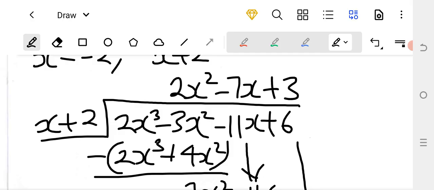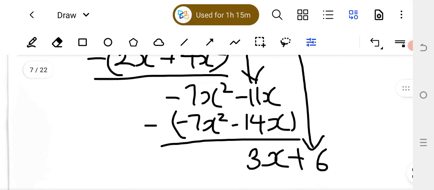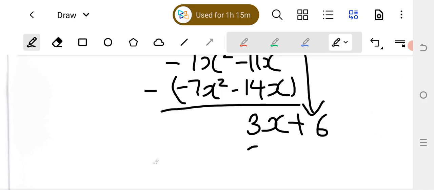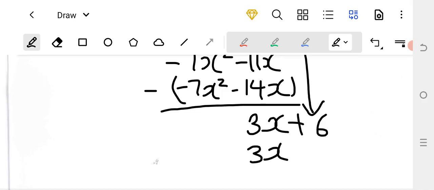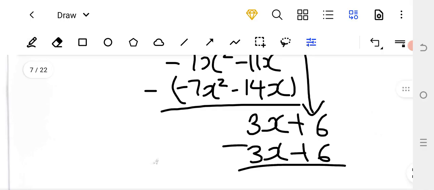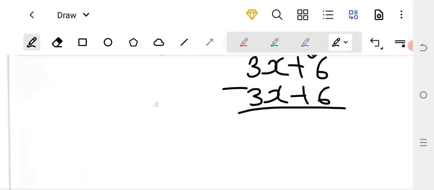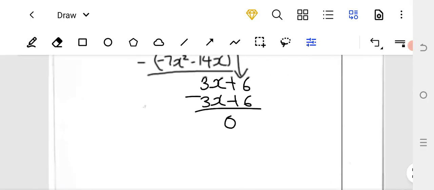Then a 3 times x is going to give you 3x. Then a 3 times 2, you're going to have positive 6. Then if you subtract here, you're going to have a 0. So in long division, you should remain with 0. Okay, it means you have done your long division well.